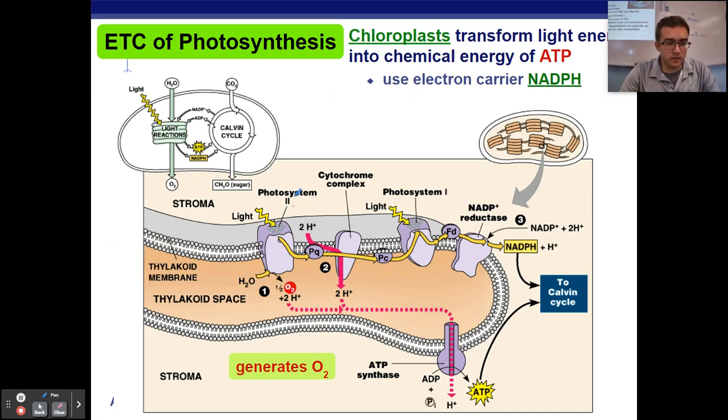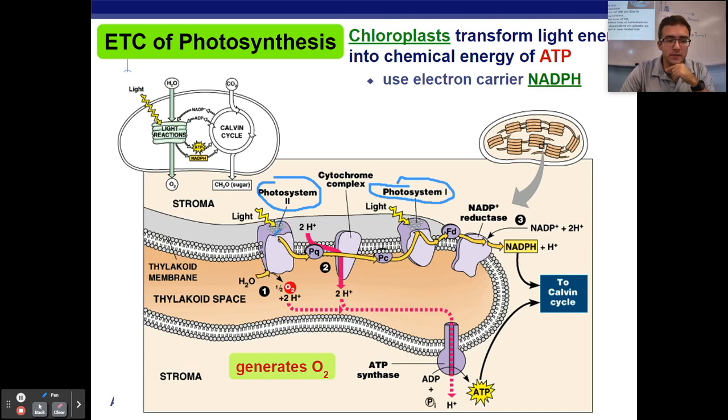And two of the important ones are these photosystems, photosystem 2 and photosystem 1. And if you're looking at this and you're wondering, well, why does photosystem 2 come before photosystem 1? Because we discovered photosystem 1 first, then we discovered photosystem 2. But what the photosystems do is they capture the light.